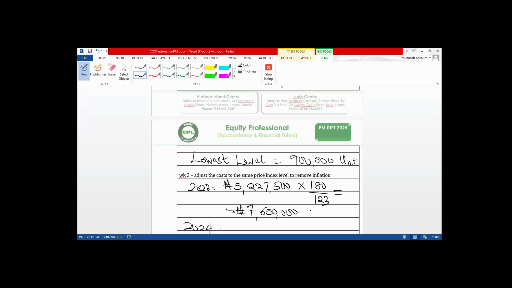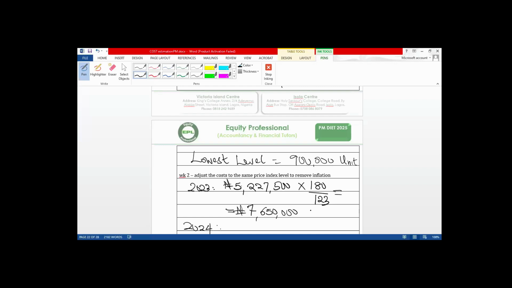In 2023, we have the highest production. Remember the high and low method. Identify the highest level and the corresponding total cost. Next, identify the lowest level and the corresponding total cost.